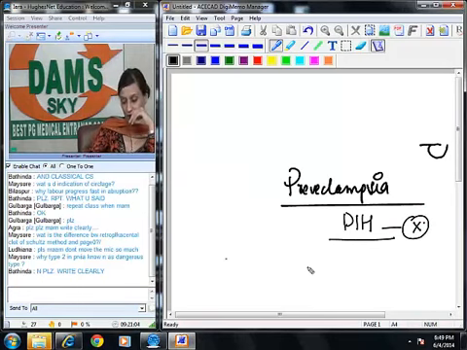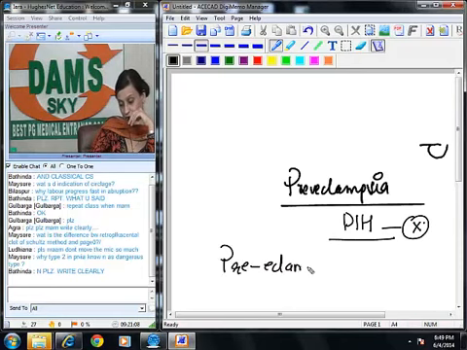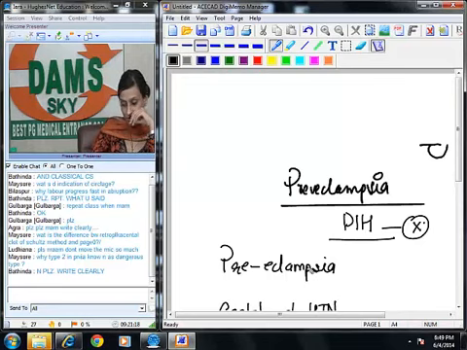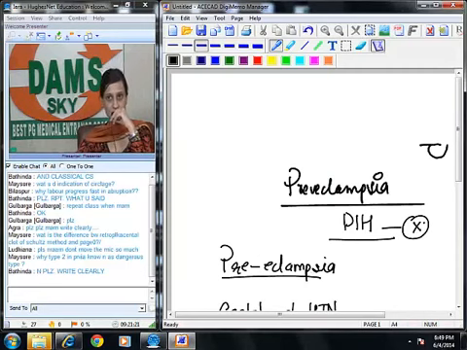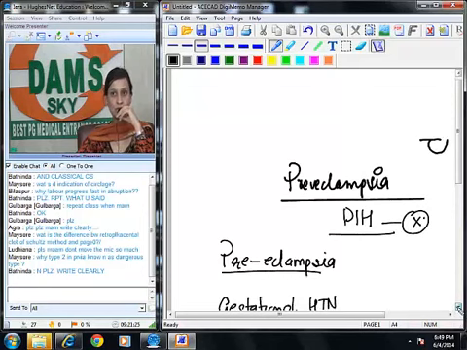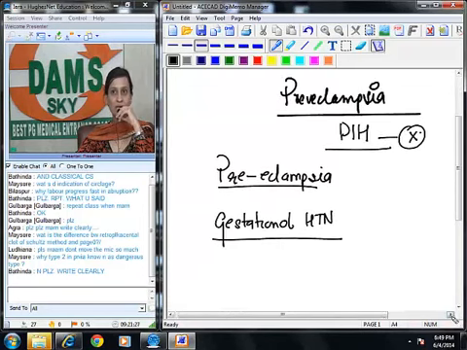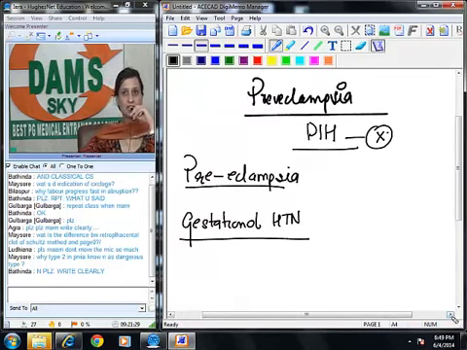The terms that we use nowadays are preeclampsia, gestational hypertension. So first we'll talk about these two terms and then we go ahead with the next two terms. So there is a lot of understanding involved in this topic as well. So first we will define what is gestational hypertension, right?